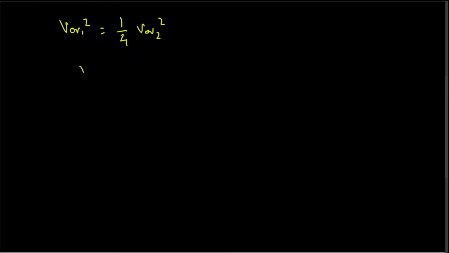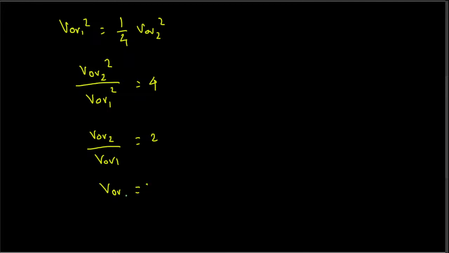If you rearrange this, V overdrive 2 squared over V overdrive 1 squared is equal to 4. Therefore, if you square root both sides, V overdrive 2 over V overdrive 1 is equal to 2. Therefore V overdrive 2 is equal to 2 times V overdrive 1. This is one of the proofs we were asked to find: V overdrive 2 is double V overdrive 1.